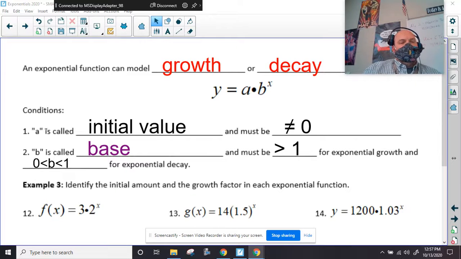B is called the base and must be greater than 1 for exponential growth, and it's got to be between 0 and 1 for decay. So we're going to be looking at these and actually saying growth or decay and things of that nature.